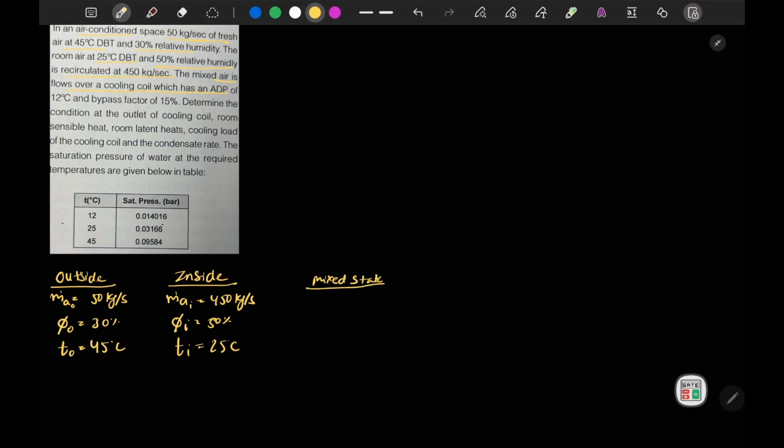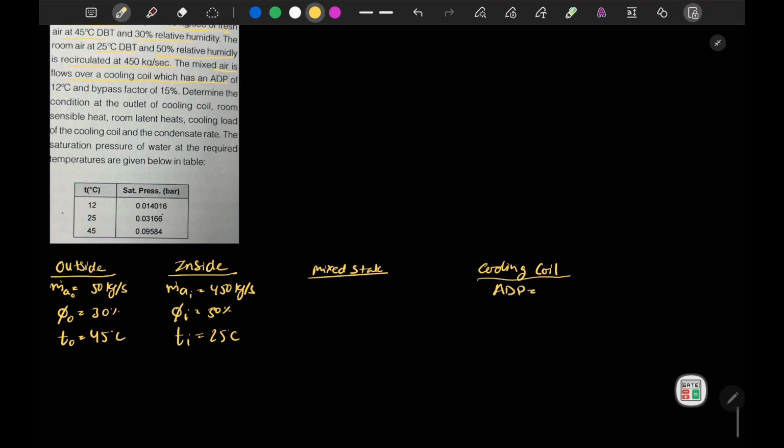Now one more thing, the cooling coil data is given: ADP is equal to 12 degrees Celsius, and bypass factor is equal to 15%. Now determine all the conditions.